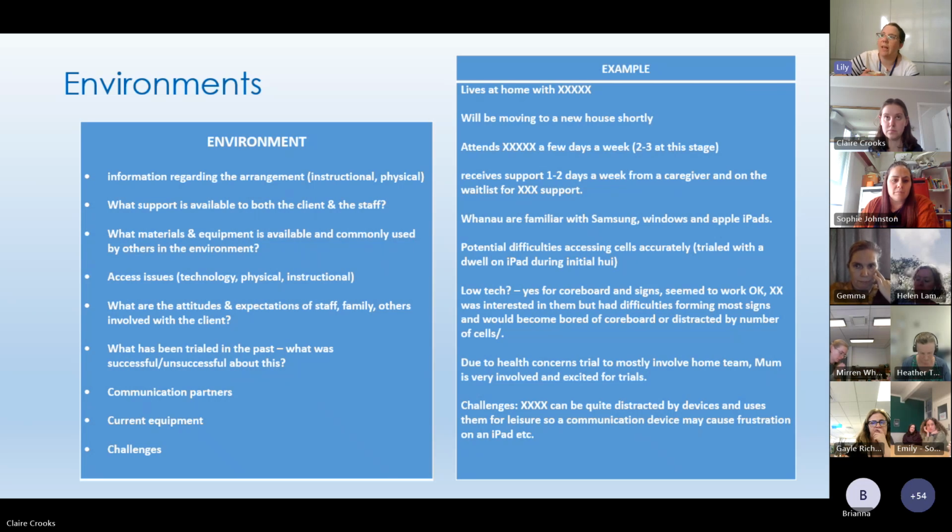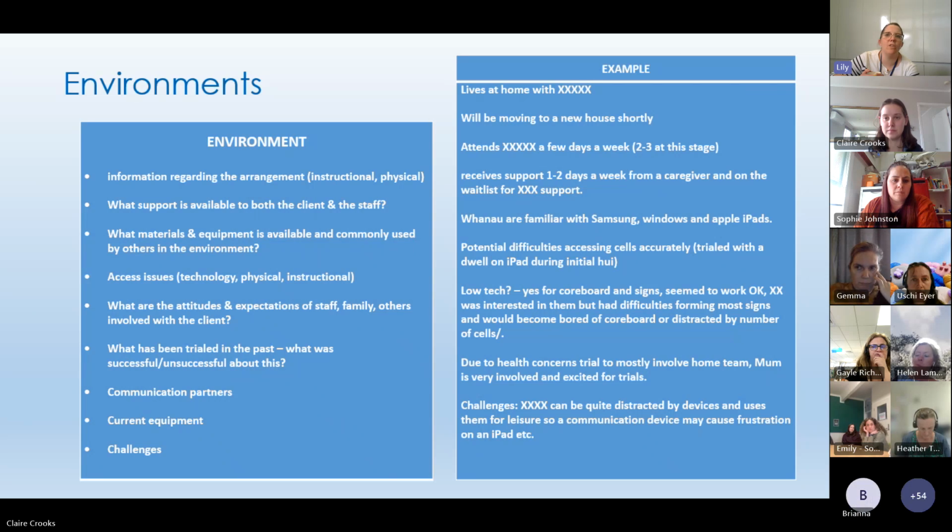For example, if we are regularly going swimming, or whānau spend all summer at the beach, then something that's waterproof or that can deal with sand is going to be a really important aspect of that. Are there things that they've used before that have been successful or unsuccessful? And what did that look like?